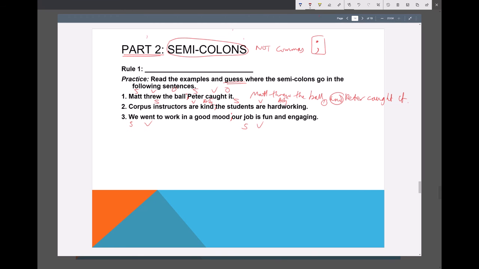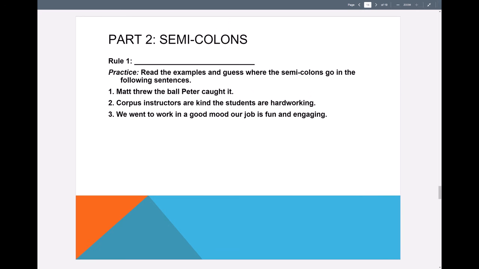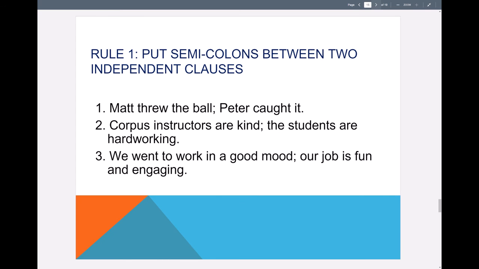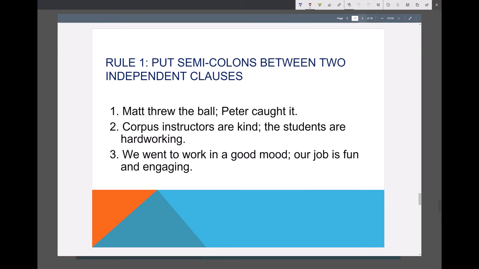So what is the rule? The rule is we need to put the semicolons between two independent clauses. So here are the sentences again.